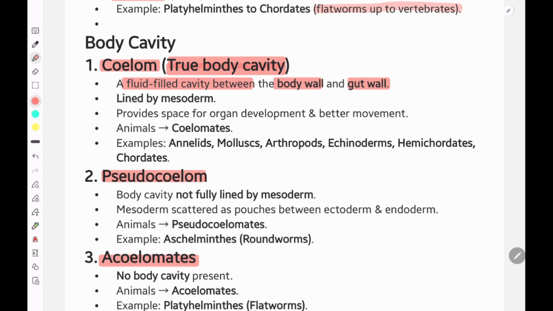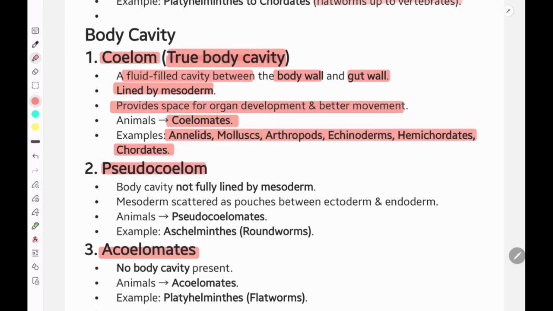Guts is the inner digestive system, lined by the mesoderm, providing space for organ development and better movement. The animals are known as coelomates. The examples are annelid, mollusca, arthropod, echinoderms, hemichordates, and chordates.